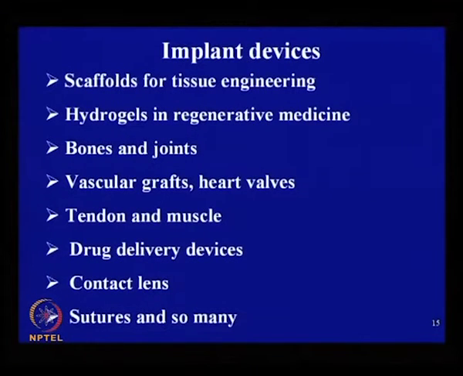Implant devices, scaffolds for tissue engineering. Now, to talk about scaffolds for tissue engineering: today people are making scaffolds from nanofibers. People are making silk nanofibers. Silk is a natural fiber.